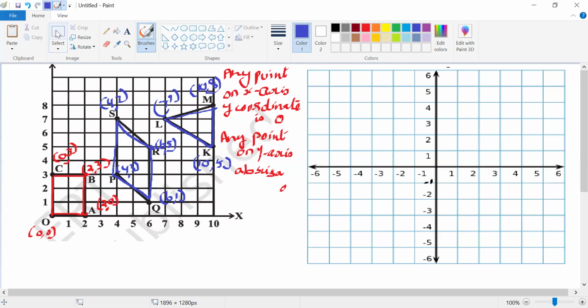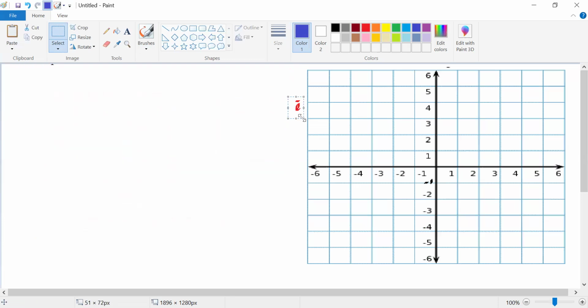Clear? Now, one more question where we have to locate some points on the graph. That question also we will see.